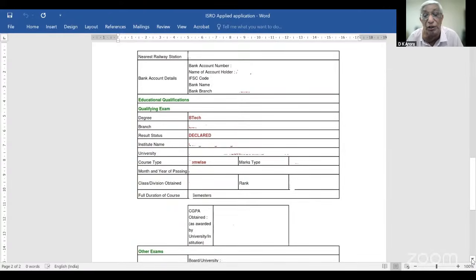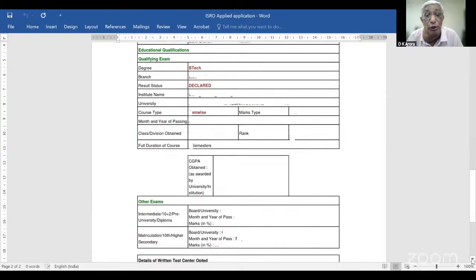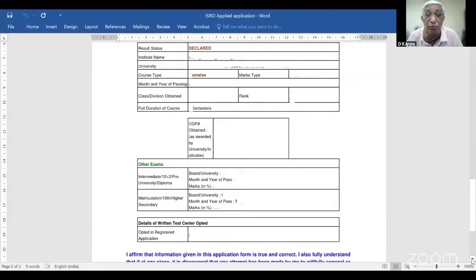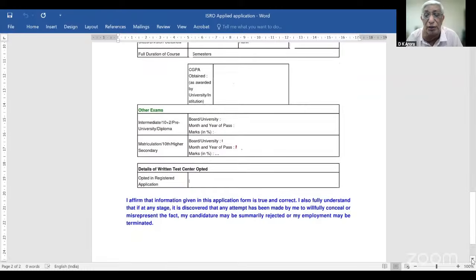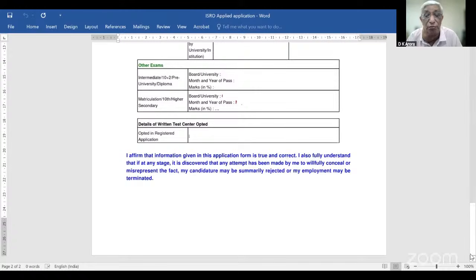Then marks type, whether it is CGPA or percentage, month and year of passing, class obtained, rank if applicable, then full duration of the course in semesters. It will be 8 semesters for a regular course. CGPA obtained as awarded by the university, then details of 10th, 12th, then details of the center. That's it. This was the information in the form which was at the time of applying.